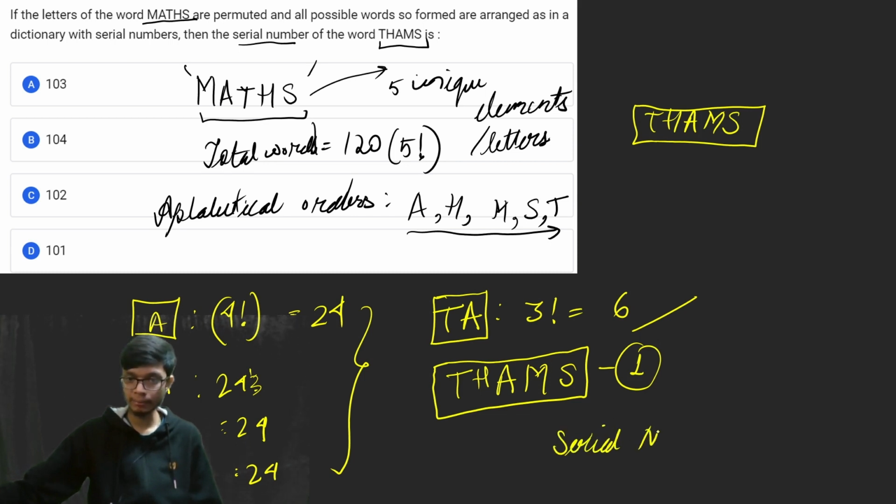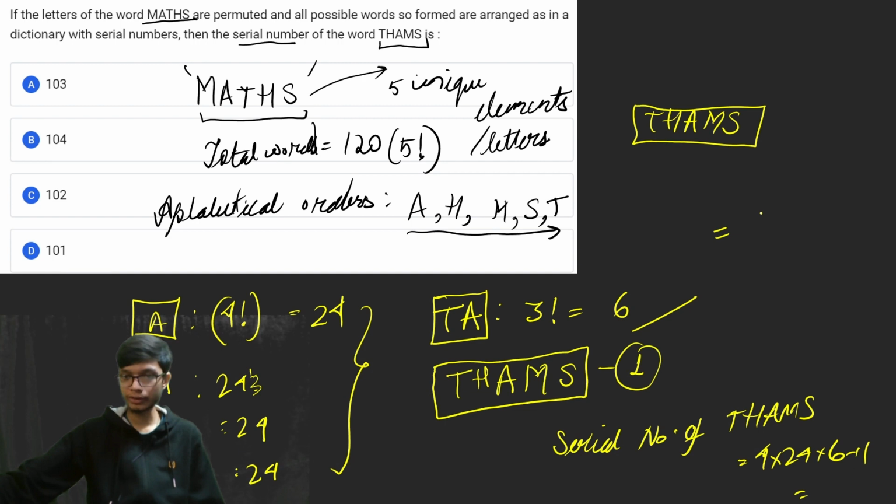Okay, the serial number of the word THAMS is 4 into 24 plus 6 plus 1. If you sum up, 4 into 24 is equal to 96, 96 plus 6 is 102, 102 plus 1 is equal to 103.